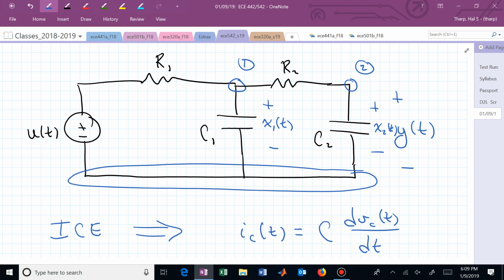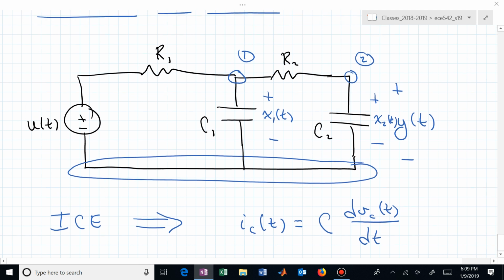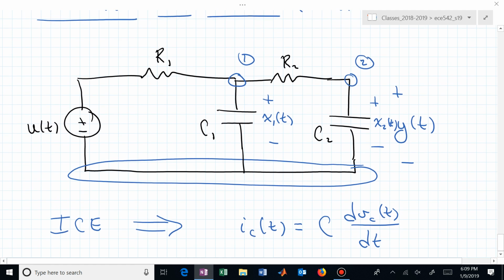If that's the case, and now I'm suggesting that we want to write KCL equations, at node 1, if I can figure out the currents going out of that node, I have now one equation of the two that I need to write in terms of KCL.